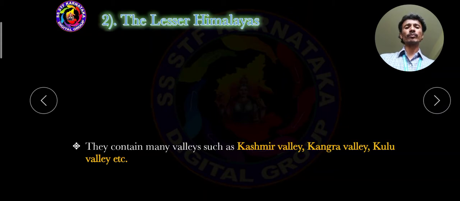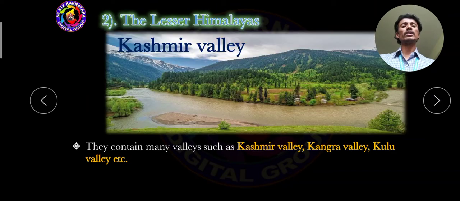So dear students, the Lesser Himalayas contain some important beautiful valleys. They are deep, look so beautiful, and contain rivers, meaning water. They contain many valleys such as Kashmir Valley, Kangra Valley and Kulu Valley. This is the picture of Kashmir Valley, looking so beautiful and deep.